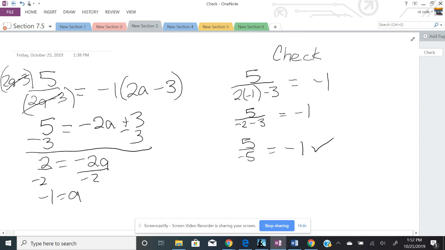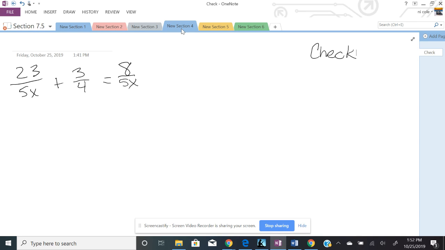So that checked. That's really nice. So this whole section's really effectively about getting rid of the fractions. We're getting rid of those denominators, and we get rid of the denominators by multiplying by the lowest common denominator.